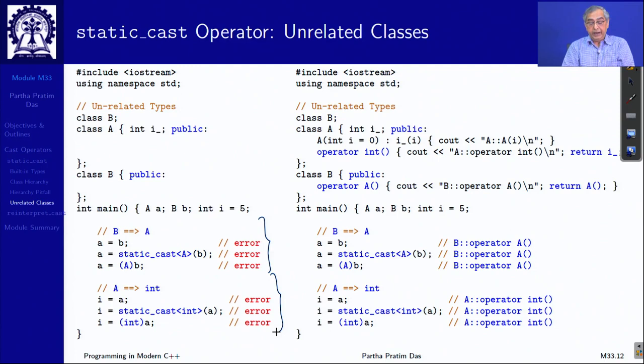Similarly, if you have a situation where you are not allowed to edit the target type, B to A, how did we do it? We just added a constructor in A which takes a B object as a parameter, which means I need to edit the class A. Now, if I am not allowed to do that, how do I do it?